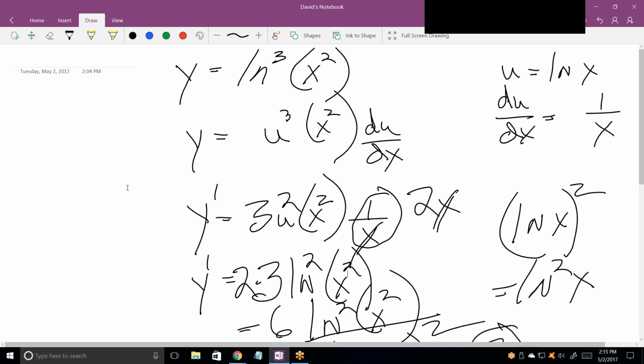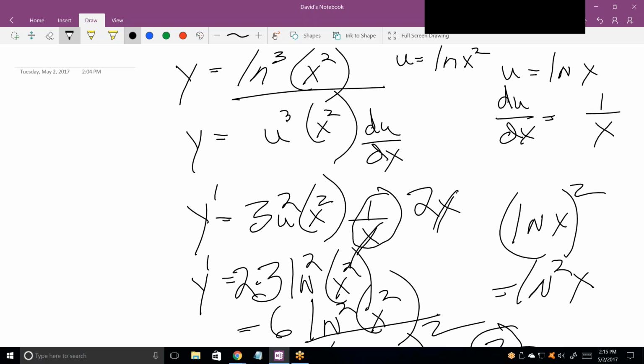You just can't make one mistake or you're going to get the wrong answer, especially with a dual application of the chain rule. Let's talk about that for a second. This is the best way to learn the chain rule: figure out what you're going to let u be.